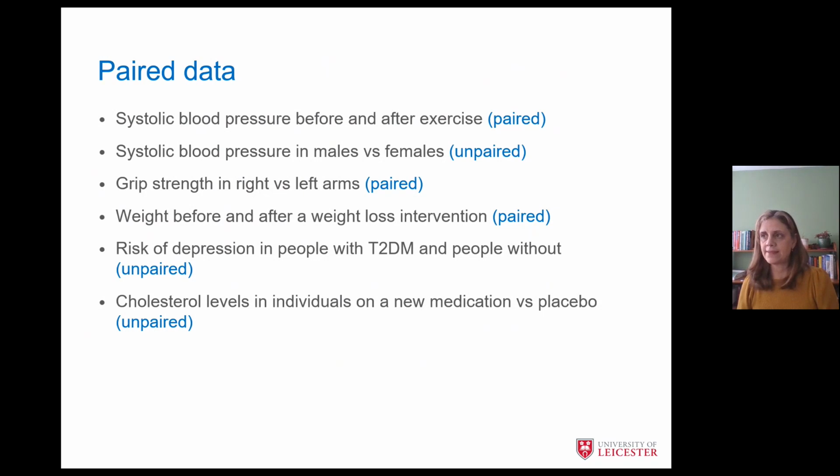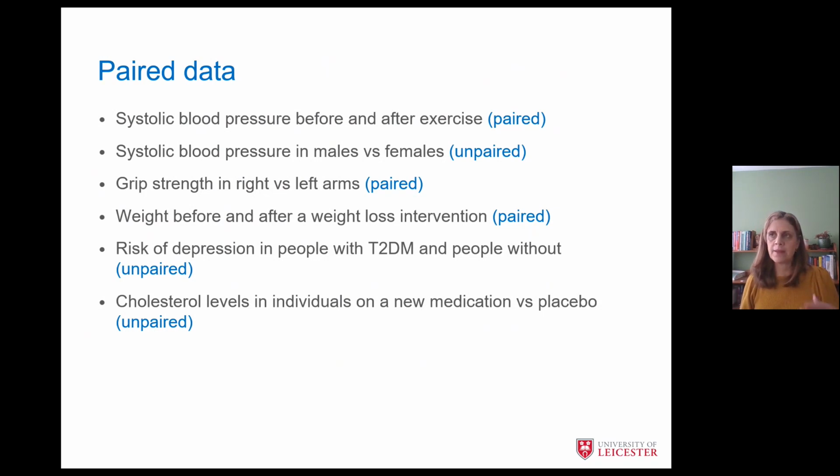For the unpaired data, so where you have different people in your two groups that you're comparing, sometimes the only time that would be paired rather than unpaired is if you match the two groups. So sometimes to try and make sure your groups are balanced in terms of age or other factors such as ethnicity, you match them.